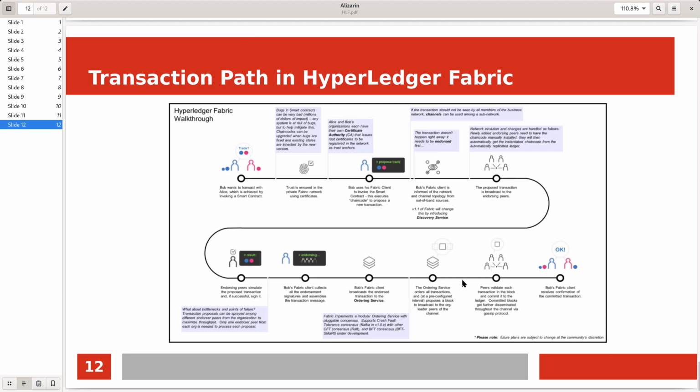And this committed block is now disseminated across the whole network using the peer-to-peer so-called gossip protocol. Eventually we result in a transaction being so-called accepted by the whole network, which means that a uniform view of this transaction is available now for the whole network to see. So that's the workflow in Hyperledger Fabric.